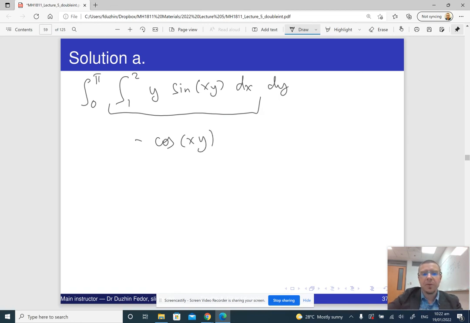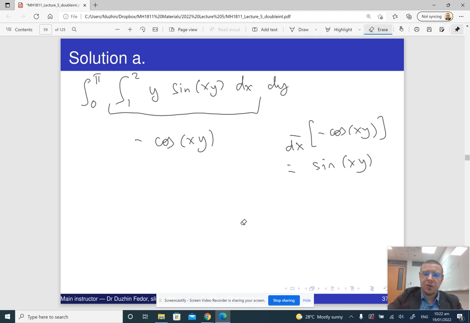I will probably have to multiply by some function in y, but let me just find the derivative of this function. I'm integrating with respect to x, so I'm going to differentiate with respect to x too. So minus cosine of xy: the derivative of cosine is minus sine, so the derivative of minus cosine is sine. It's going to be sine of xy.